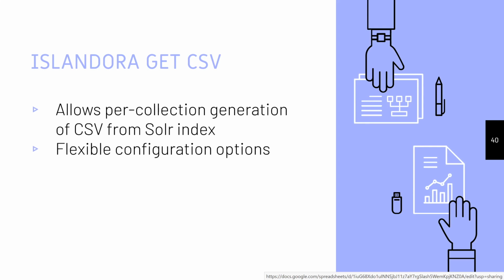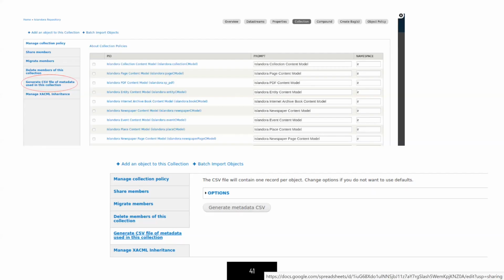That's a separate tool. This one, Islandora Get CSV, provides a menu option within the collection management interface. It's circled in red there on the left. It says generate CSV file of metadata used in this collection. And if you click on that, you get the lower screen web page that lets you generate the metadata.